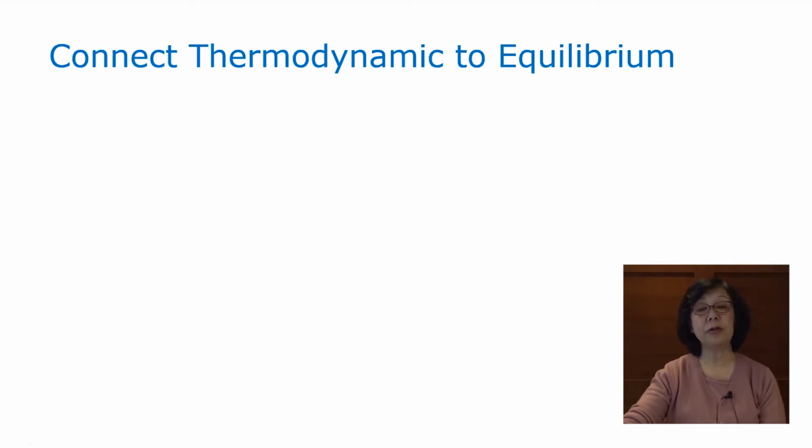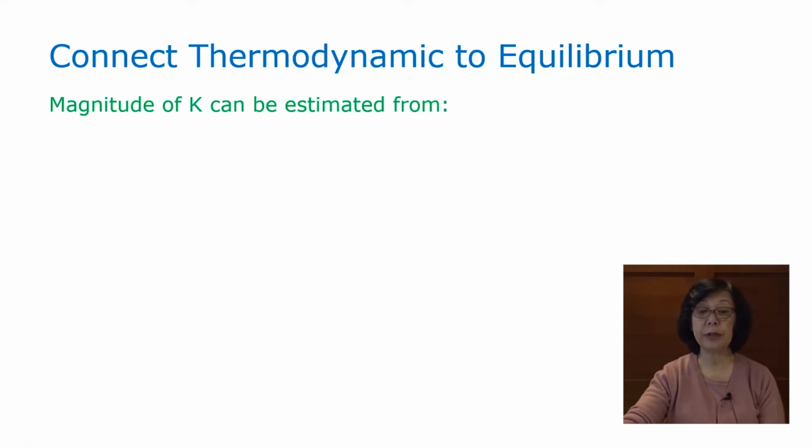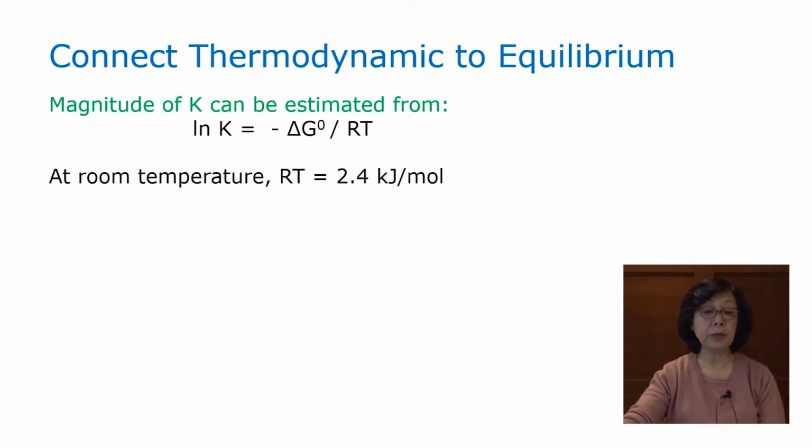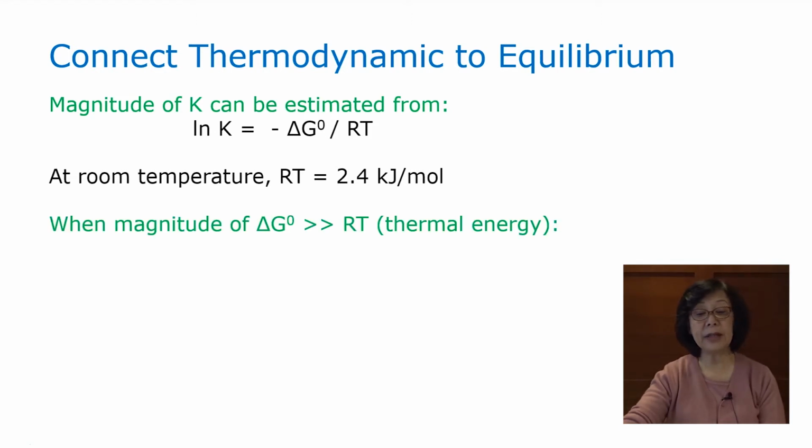Let's connect thermodynamics to equilibrium. The magnitude of K, the equilibrium constant, can be estimated from the equation natural log of K equals negative ΔG0 over RT. At room temperature, notice that RT is a very small number, equal to 2.4 kilojoule per mole. Now we can estimate this ΔG0 relative to RT.